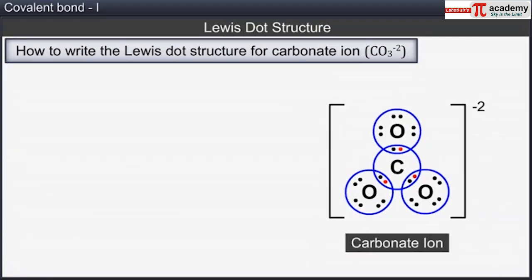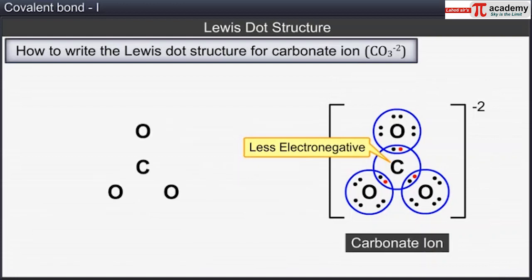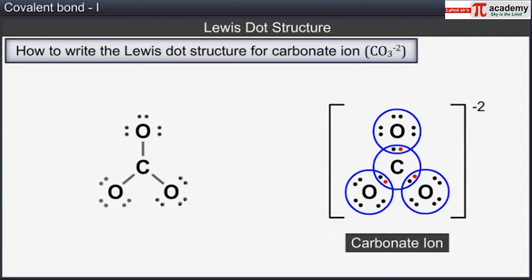In the carbonate ion, as carbon is less electronegative, it is placed at the center, whereas 3 oxygen atoms are placed around it at the terminal positions. The skeletal structure of carbonate ion is as shown. Now let us draw a single bond between the central carbon atom and each of the oxygen atoms.